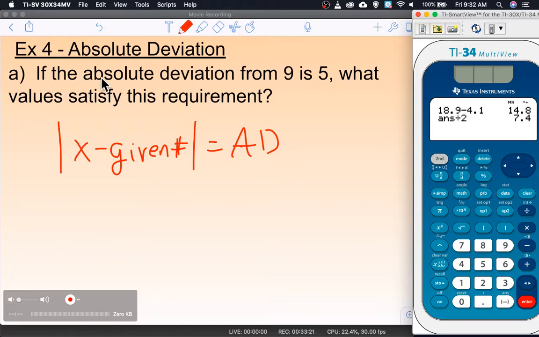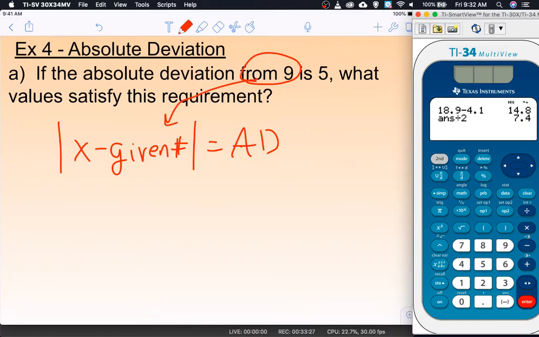So if the absolute deviation from 9 is my given number, we're deviating from 9. Do you know what the word deviation means? To deviate means to change. So we are changing from the number 9, and it says here the absolute deviation is 5. We are deviating 5.